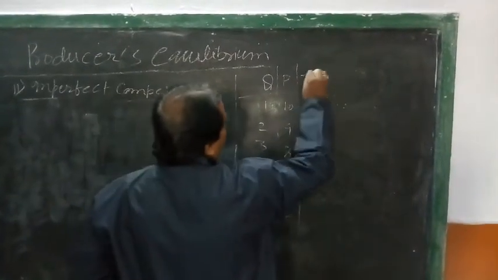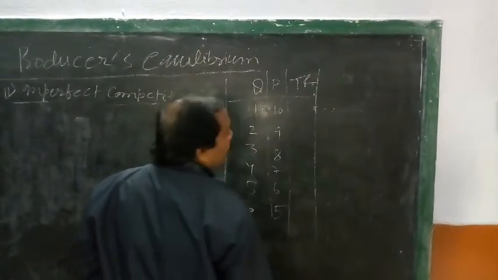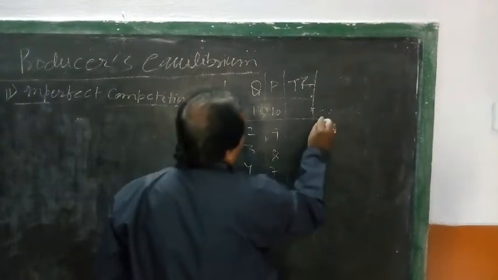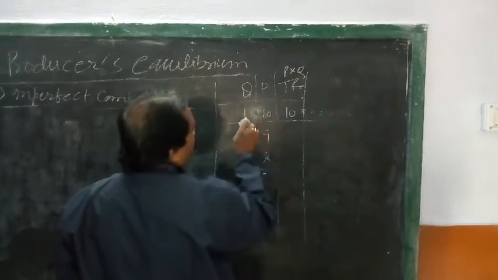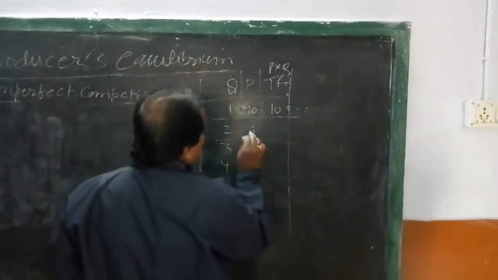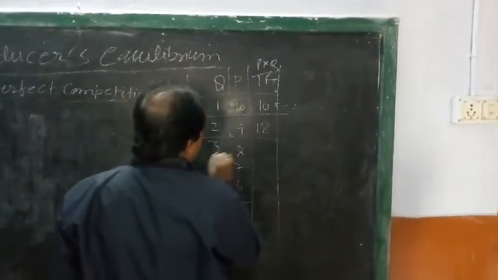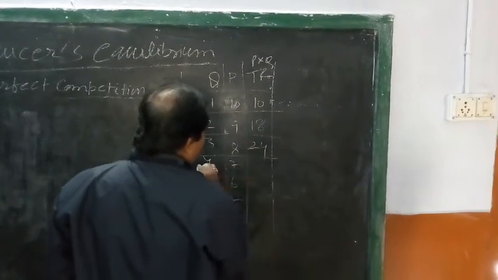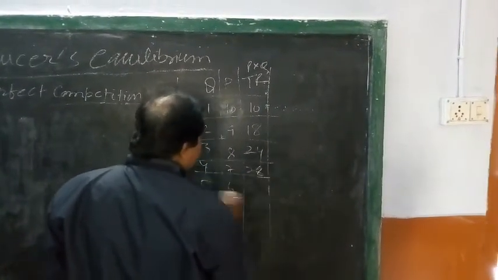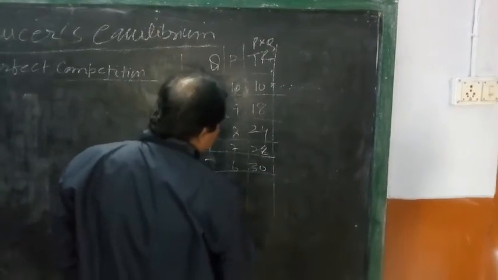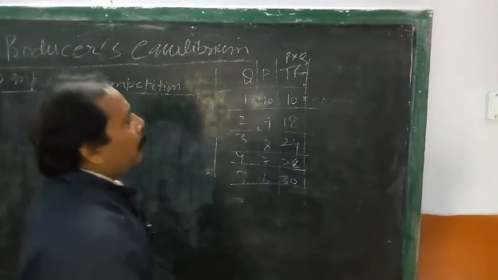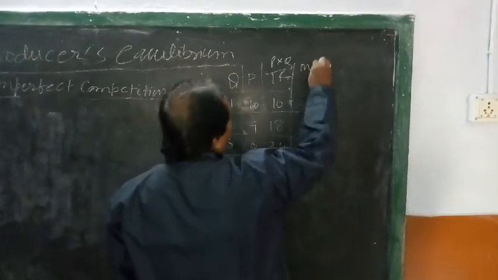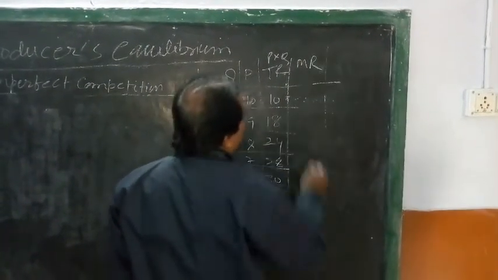So what will happen? TR will increase at a very slow rate, or diminishing rate. P into Q, that is 10 into 1, that is 10, 9 into 2, that is 18, next 24, next 28, next 30 and so on. Is it clear? So what will be the MR? MR here starts to decline.